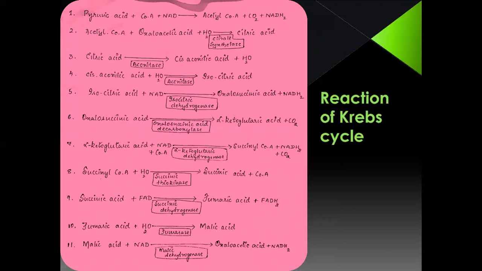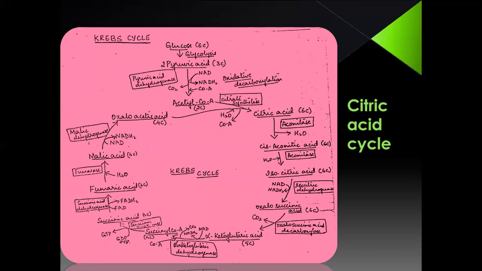The number of ATP molecules that are directly synthesized are 2 ATP molecules, because this guanosine GTP can later be converted into 2 ATP molecules.